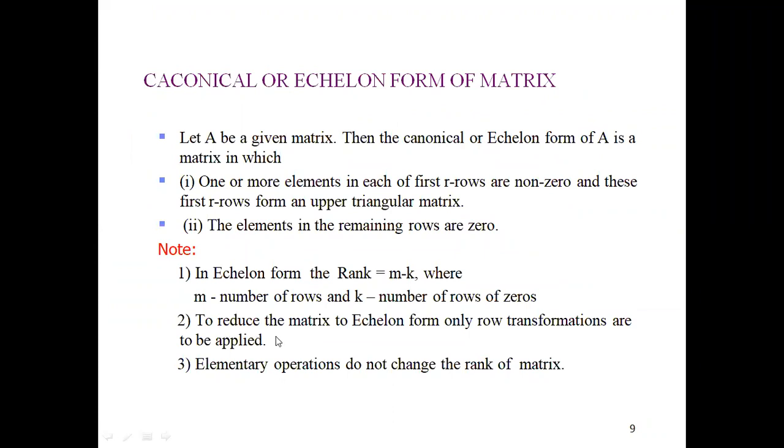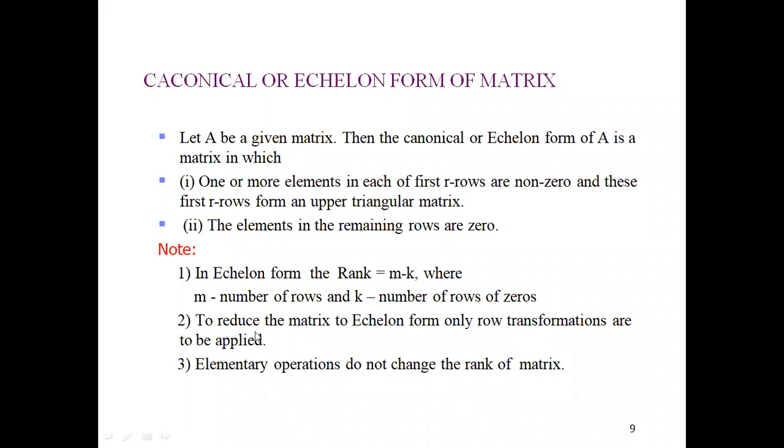Okay, now this is important. Second note: to reduce the matrix to echelon form, only row transformations are to be applied. No column transformations are allowed. If you do the column transformation, you will get a different rank. That's why we are saying row echelon form every time, because we are applying row transformations only.